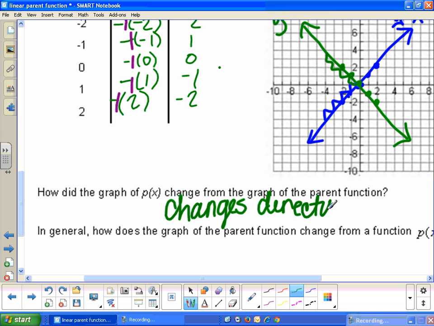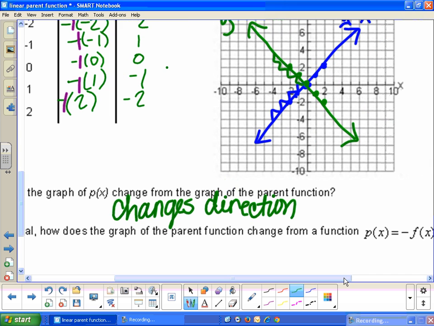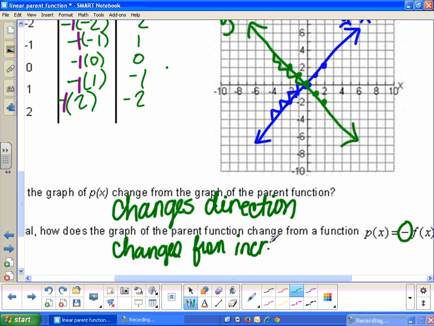It goes from increasing to decreasing. So in general, how does the graph of the parent function change when you have a negative? Say it changes from increasing to decreasing.